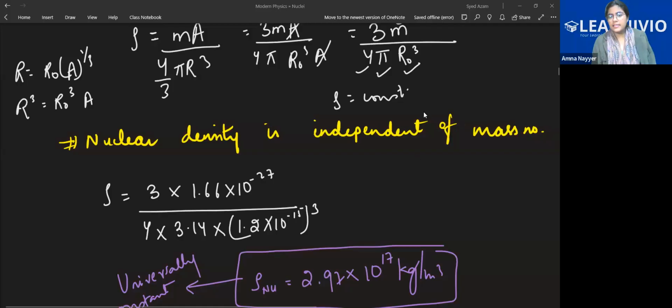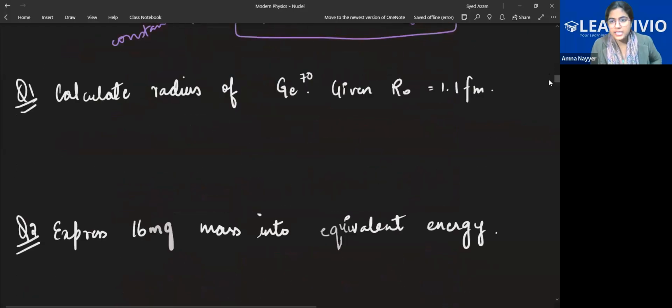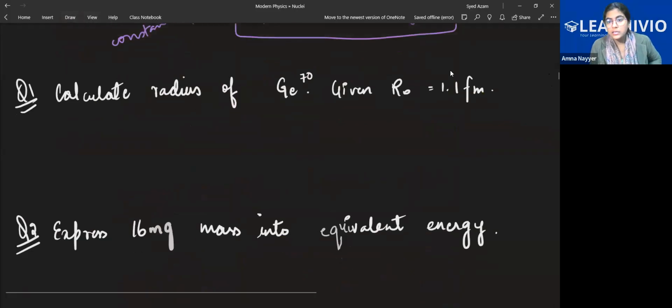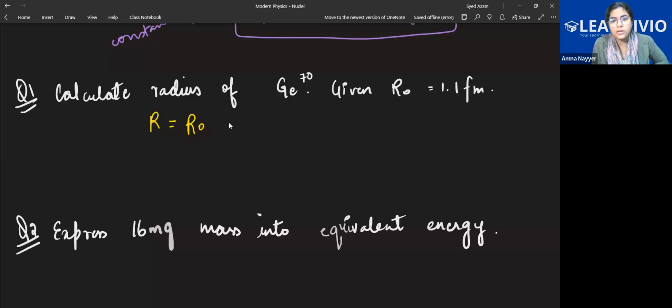Okay, class. Now let's discuss the questions. The first question says: calculate the radius of germanium. R naught's value is given. In this question, 1.1 Fermi meters is given. So R is equal to R naught A to the power 1 by 3.